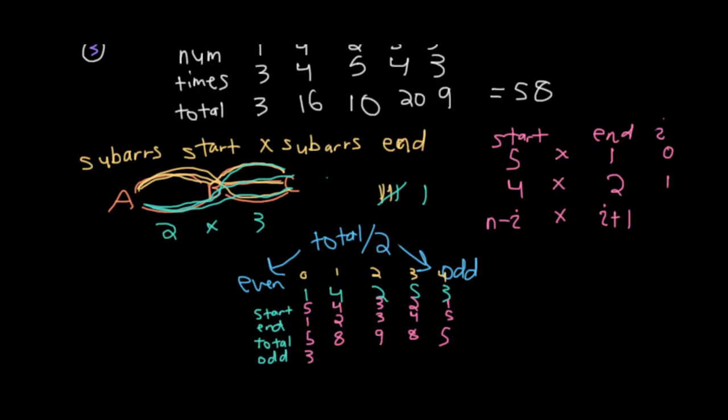8 divided by 2 is 4, and that's even, so I can leave it. 9 divided by 2 would also be 4, but because 9 was odd, I add 1 to get 5. I already did 8, and I knew that was 4, and I already did 5, and I knew that was 3. And if you look at these numbers down here, they exactly match what was up here when we brute forced it and just listed all of the subarrays.